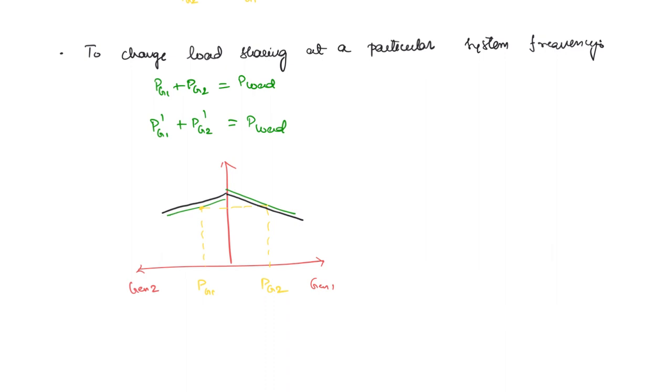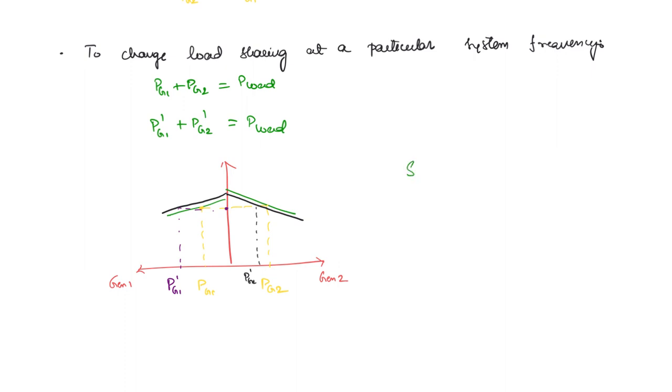Okay. So that at the same frequency, now you are going to have a new value of load shared by generator 1 and generator 2. We have an increased value for generator 1, whereas on the other side, PG2 is reducing, PG2 dash.